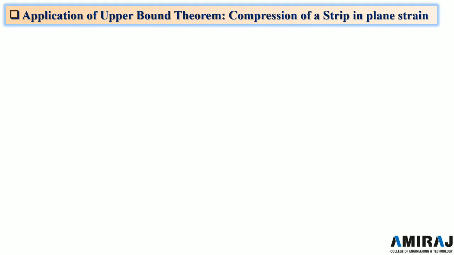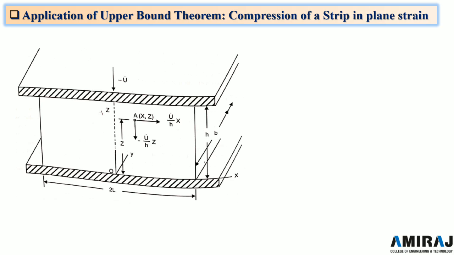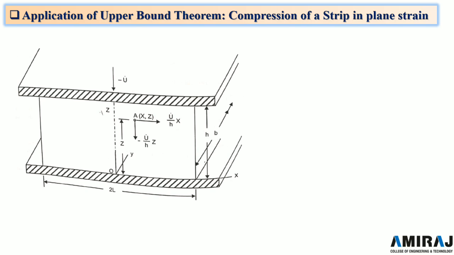When a long narrow strip is compressed, material flow is mainly in the transverse, that is the width direction, and very little flow takes place along the length direction. So most of the material flow takes place in the width direction, and less in the length direction.